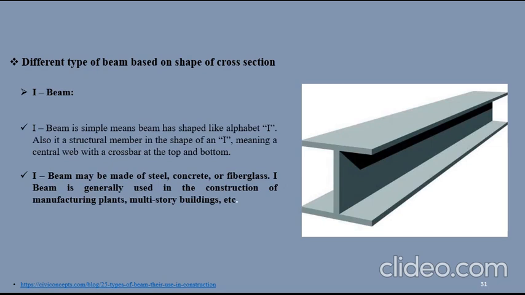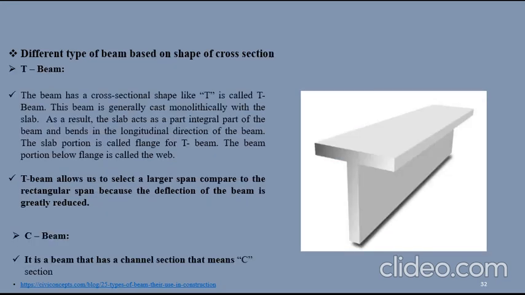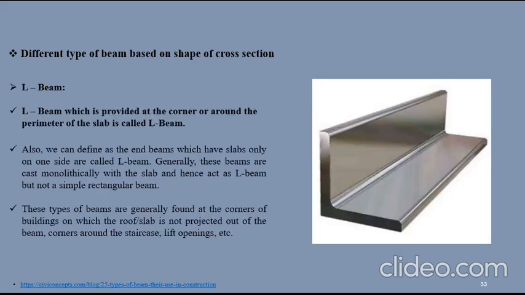I-beams are generally used in construction of manufacturing plants, multi-story buildings, etc. The T-beam allows us to select a larger span compared to the rectangular beam because the deflection of the beam is greatly reduced. A C-beam is a beam that has a channel section. An L-beam, which provides the corner or rounded perimeter of the slab, is called an L-beam.